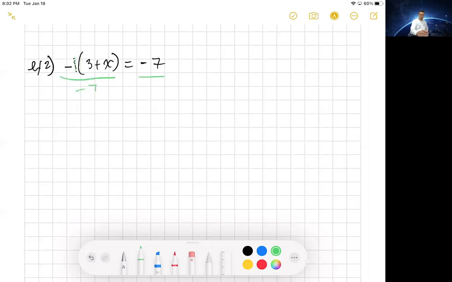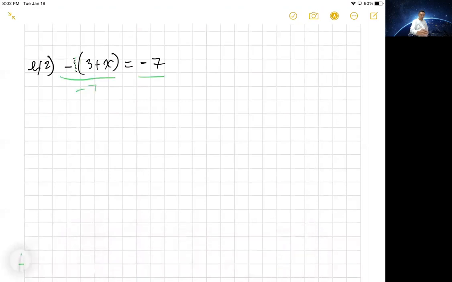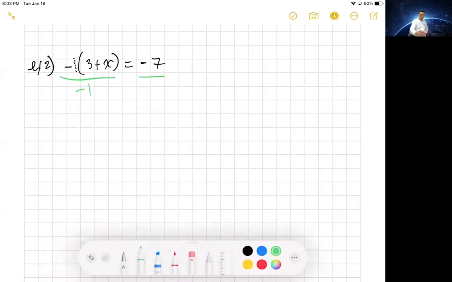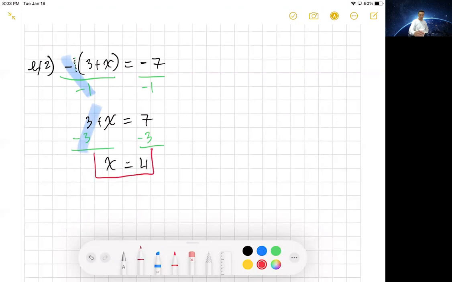I'm going to go ahead and divide by negative 1, because negative divided by a negative gives me a positive. Right here, same thing, gives me positive. Now I can go ahead and subtract the 3. And I get 4 as my final answer.